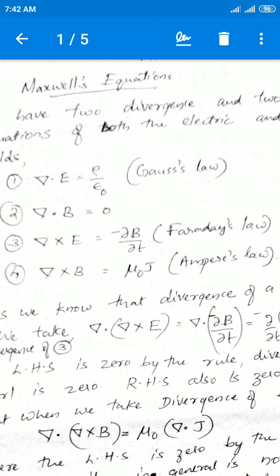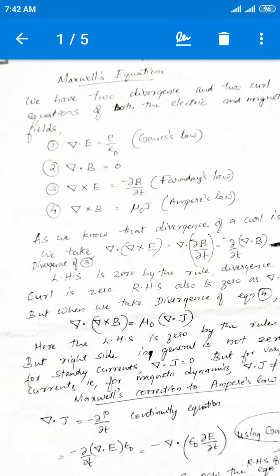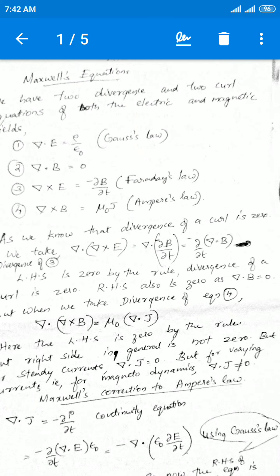You can read this in the previous chapters of Griffiths. Now we are studying the 7th, 8th and 9th chapters. We have started Maxwell's equations already, and this last equation is Ampere's law. Remember that. You have to remember these four equations thoroughly.